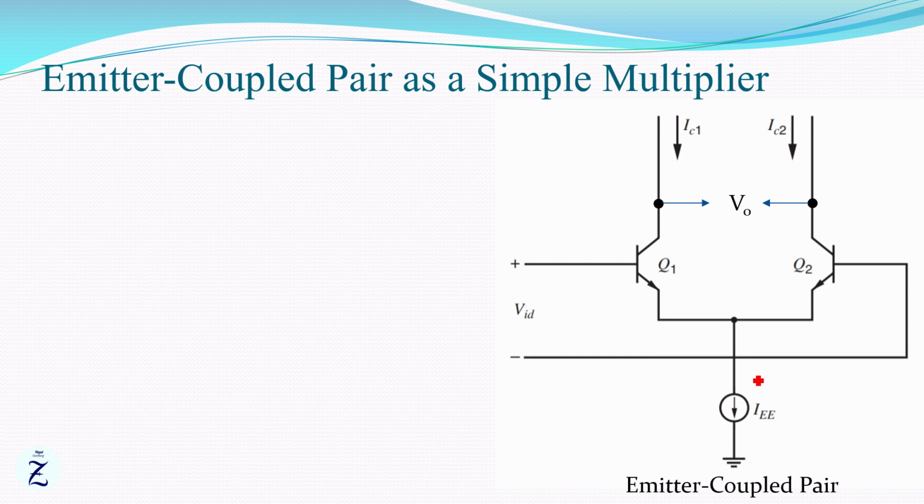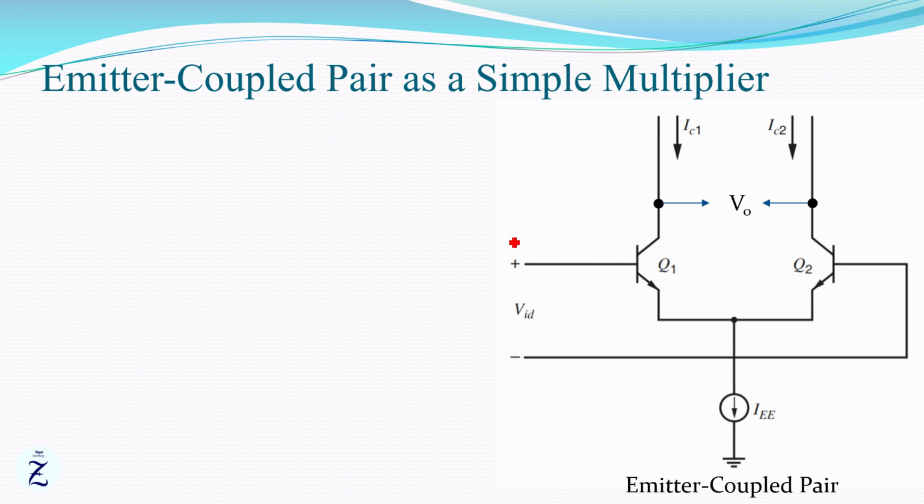It is the emitter coupled pair as a simple multiplier. In this method, the emitter coupled pair is used as the basic element. Let us discuss what an emitter coupled transistor pair is.